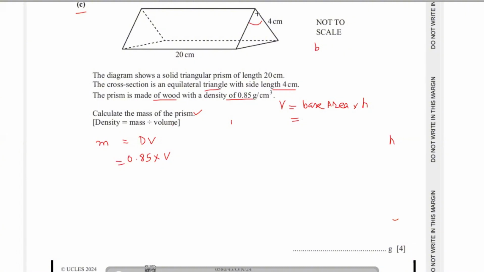Here this is the equilateral triangle. Therefore, each side will be 4 centimeter and each angle will be 60 degree. Therefore, area of this triangle will be equal to 1 over 2 ab sine C, the formula we will use to calculate the area of this equilateral triangle.